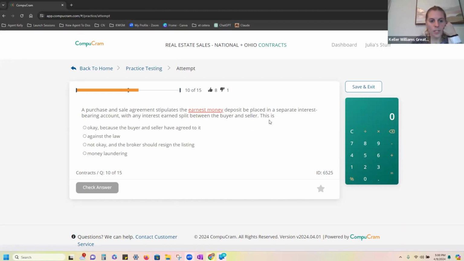Okay. A purchase and sale agreement stipulates the earnest money deposit be placed in a separate interest-bearing account with any interest earned split between the buyer and seller. This is A, okay, because the buyer and seller have agreed to it. B, against the law. C, not okay, and the broker should resign the listing.